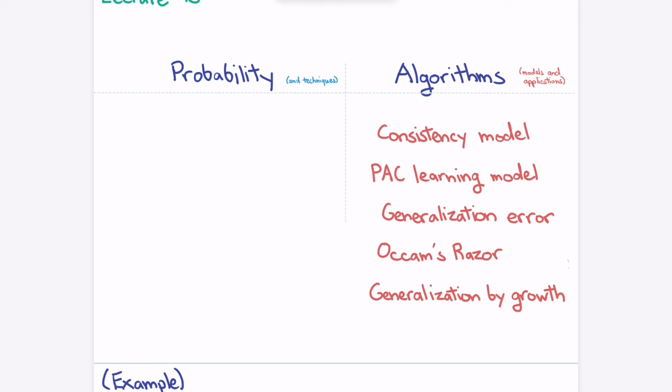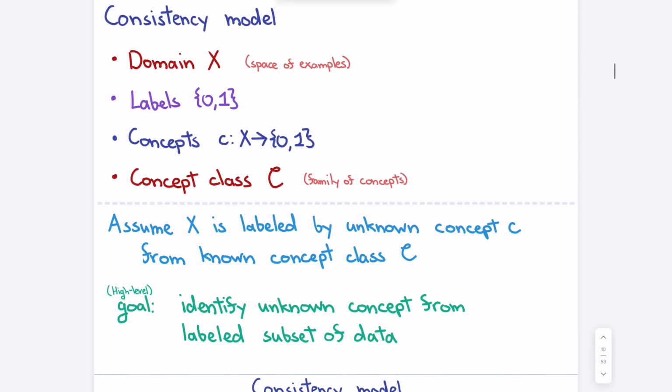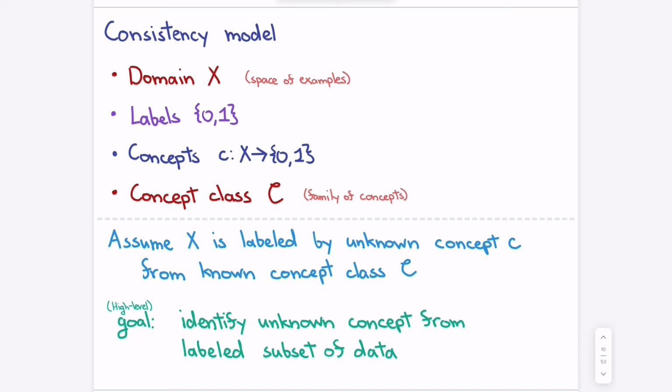So to recap what we did last time, a very natural starting point that you might come up with before taking this class might be something like a consistency model. So, you have some domain X, and the things that assign true or false are called concepts.